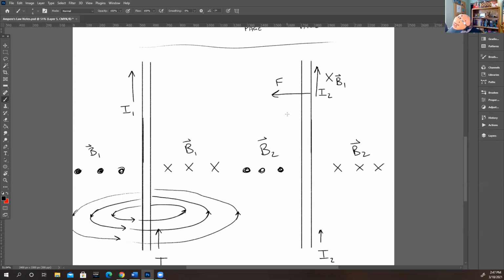It's moving through that field produced by wire 2. It's a bunch of dots on this side of wire 2, right? I'm looking at the field produced by wire 2.